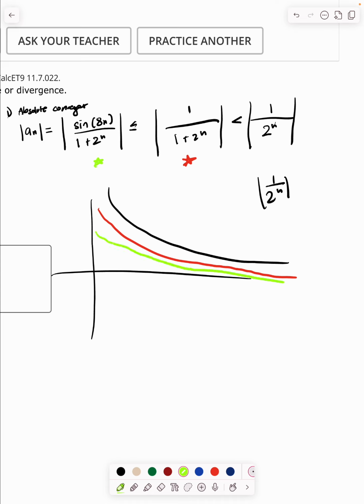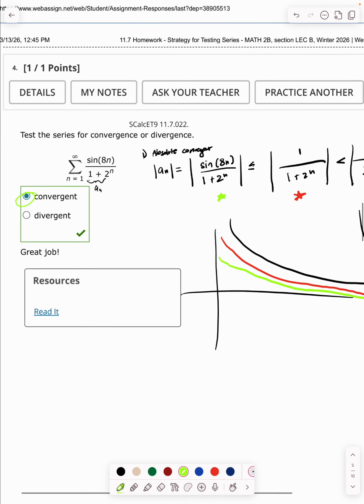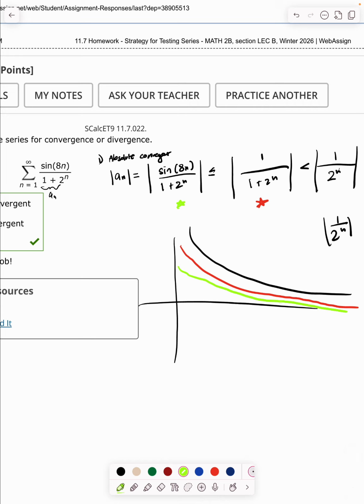And so it's kind of like we're squeezing all of this to converging. We're saying that if this converges and this is always greater, then definitely it bounds this one, and so this one will always converge. So that's the idea. So this is convergent by the absolute convergence test and comparison test.